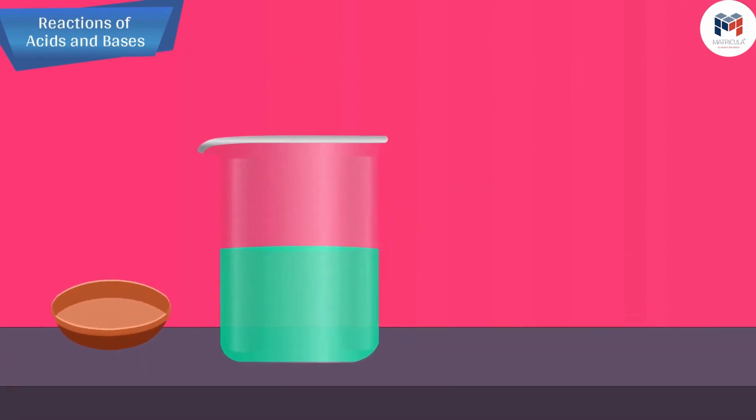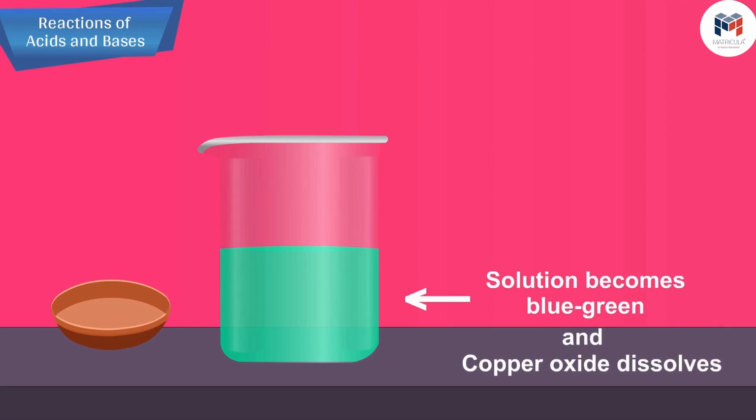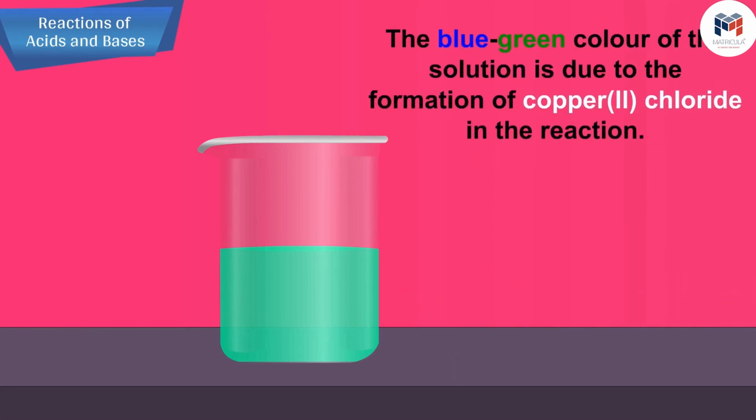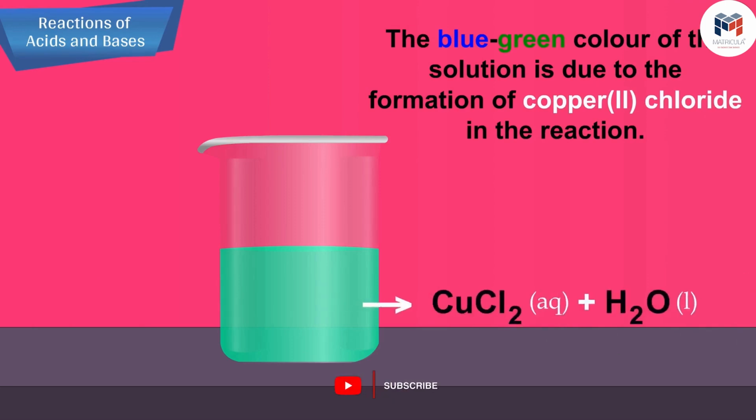You will notice that the color of the solution becomes blue-green and the copper oxide dissolves. The blue-green color of the solution is due to the formation of copper(II) chloride in the reaction. So, we can conclude that acids react with metal oxides to form salt and water.